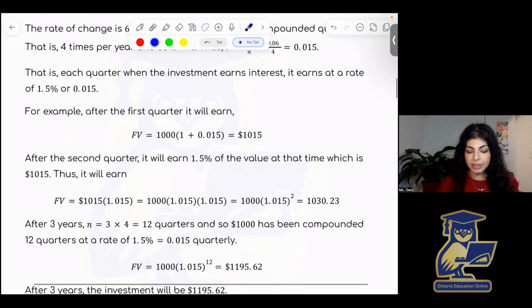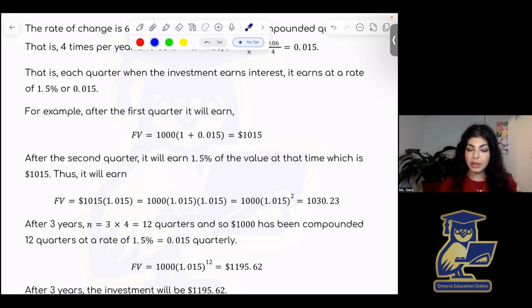So here, after the second quarter, we're earning that 1.5% interest on $1,015. So then we have that $1,015 times 1.015. And again, this $1,015 coming back to here was really $1,000 times 1.015, which is right here. And then we're also multiplying by another 1.015.